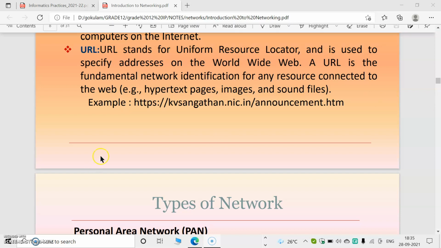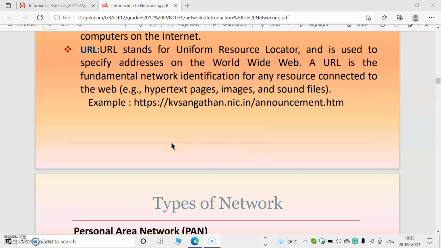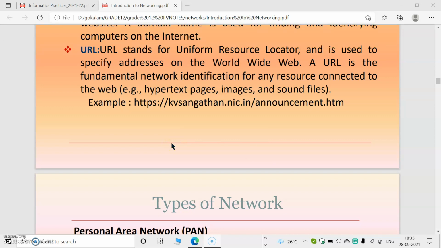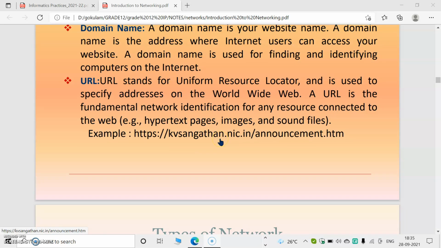For example, this type of address: https colon double slash kvsangathan.nic.in. We can type this address in the browser, and then we can get that particular page or Word document. So this is a URL. URL stands for Uniform Resource Locator.